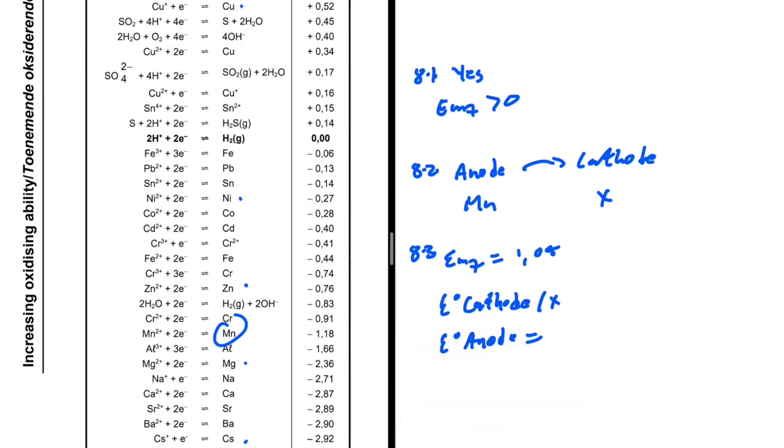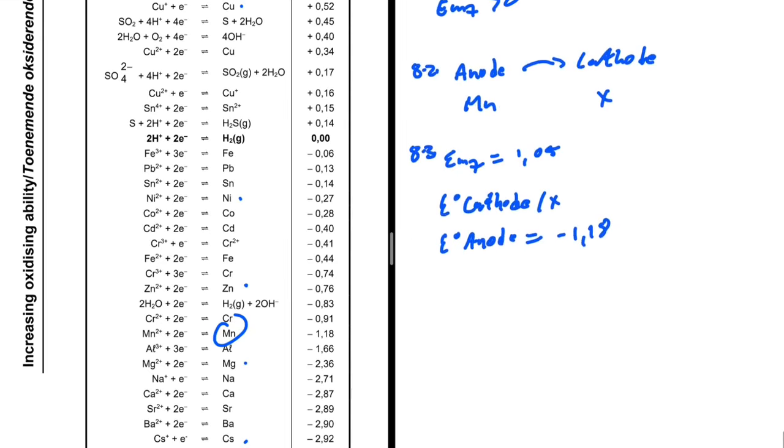The reduction potential at the anode is minus 1.18. And the EMF of the cell is given by the reduction potential at the cathode minus the reduction potential at the anode.